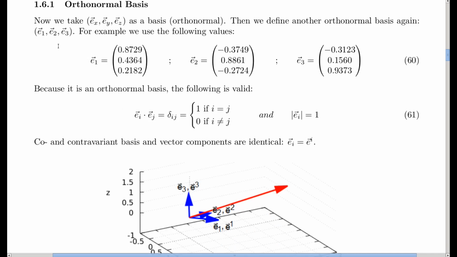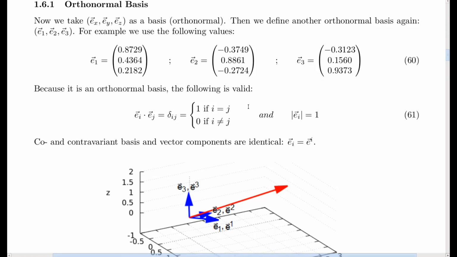For E1 we have 0.8 and so on, 0.4 and so on, 0.2 and so on. The E2 vector is -0.3 and so on, 0.8 and so on, and -0.2 and so on. And E3 has the values -0.3 and so on, 0.1 and so on, and 0.9 and so on.